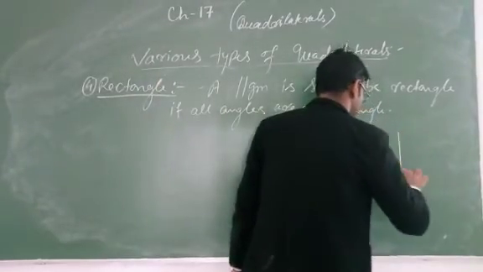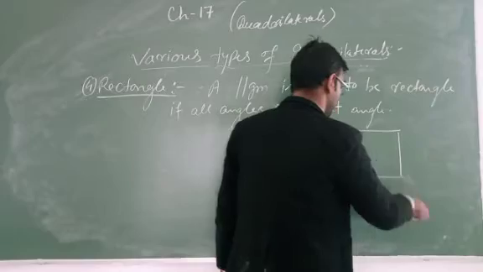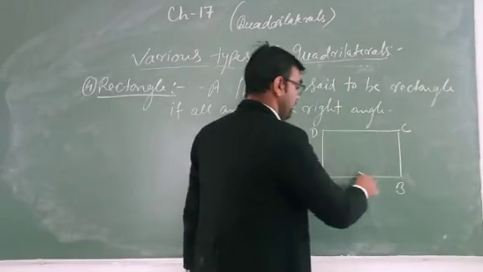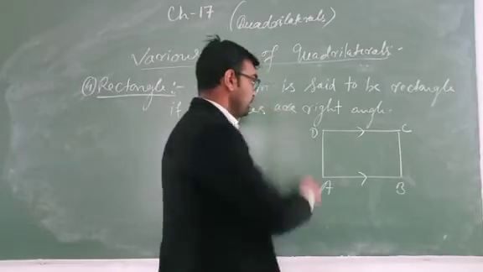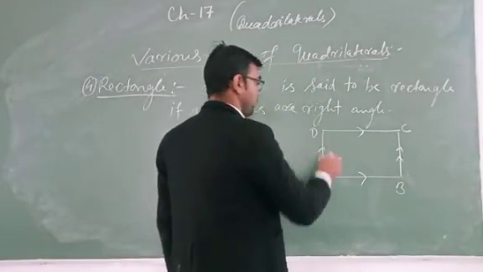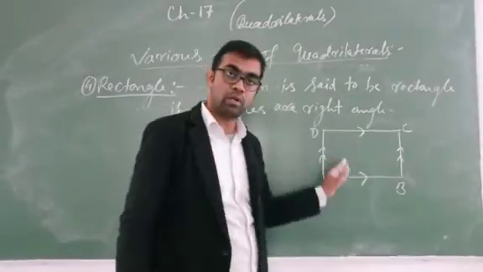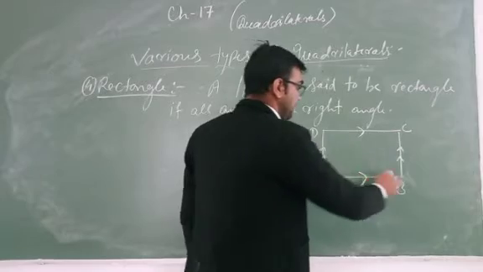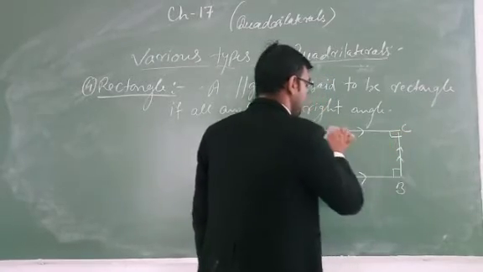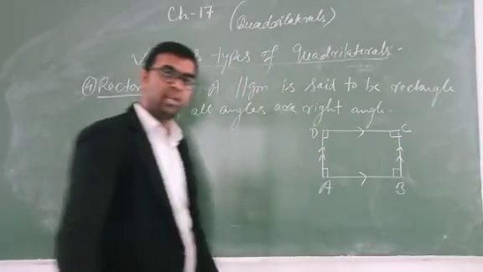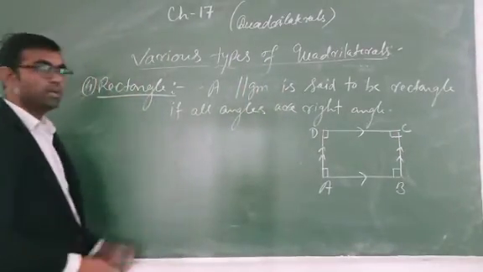This is a parallelogram, in the figure A, B, C, D, where AB is parallel to DC and BC is parallel to DA. If in this parallelogram all angles are right angles, that is 90 degrees, then it will be a rectangle.